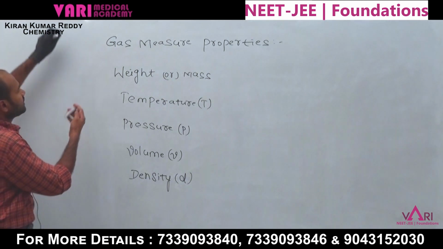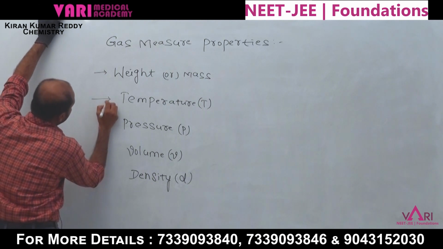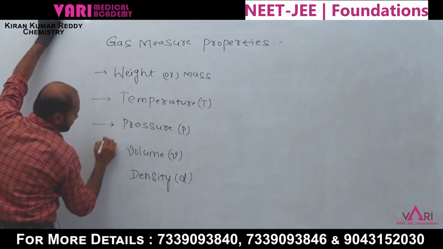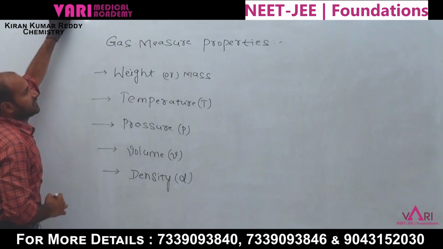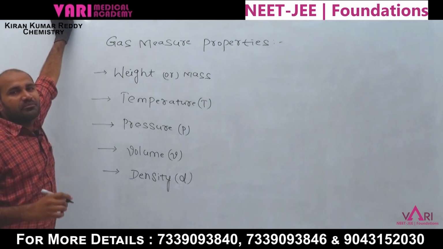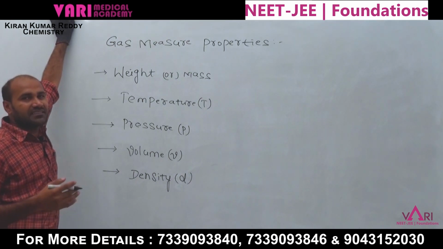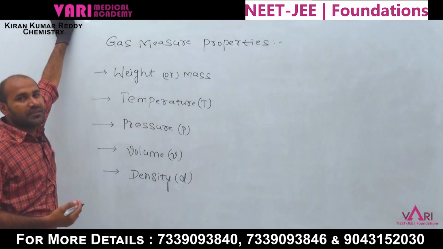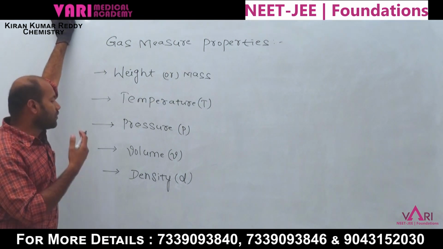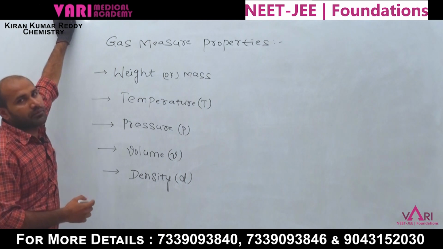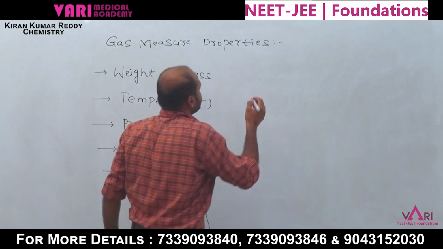Actually the major ones in gas measuring are the temperature, pressure, and weight of the gas; volume and density are also important. We can discuss the first one, the weight.